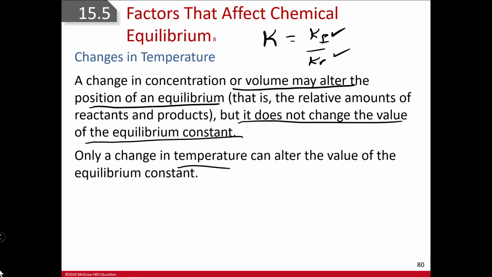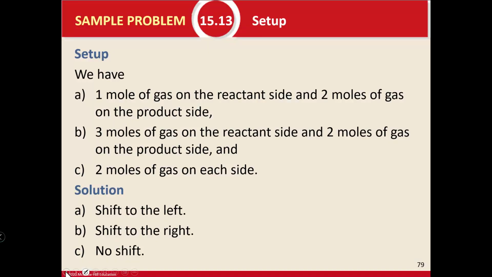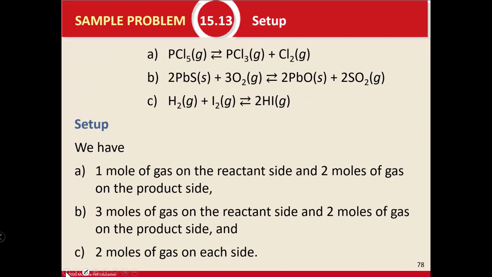And I don't know why they didn't show it on the previous slide. If all you're doing is changing the volume, which changes these concentrations, it doesn't have any effect here because it's 2 moles on this side and 2 moles on this side.